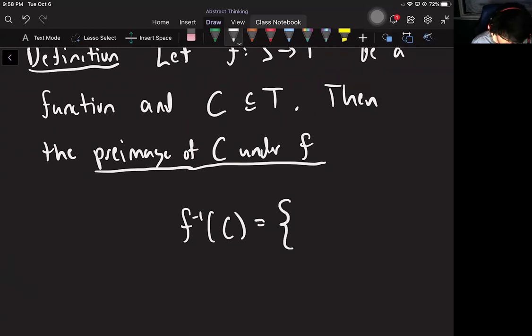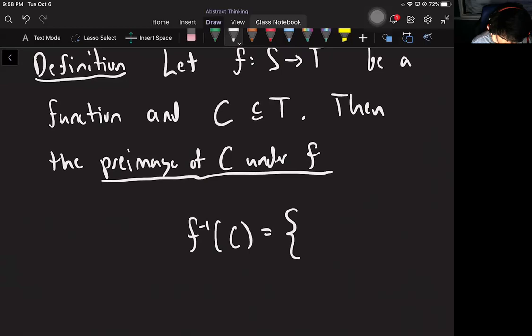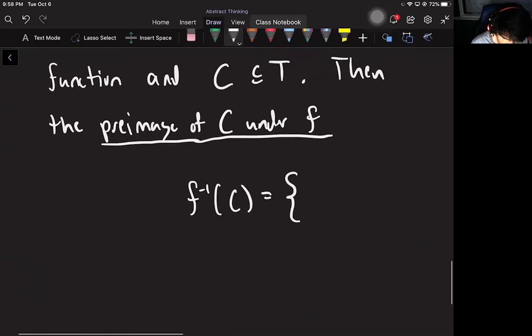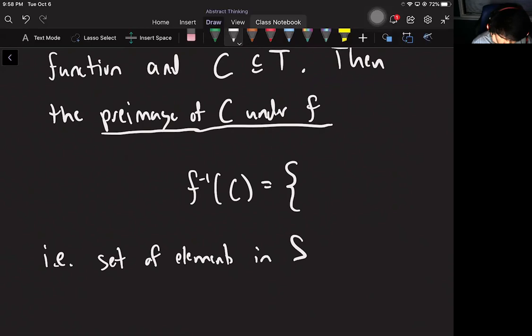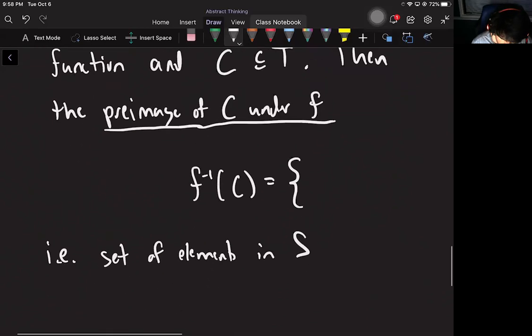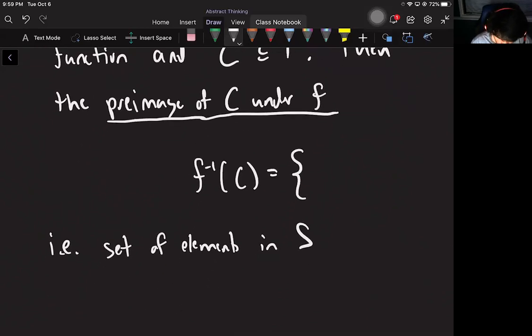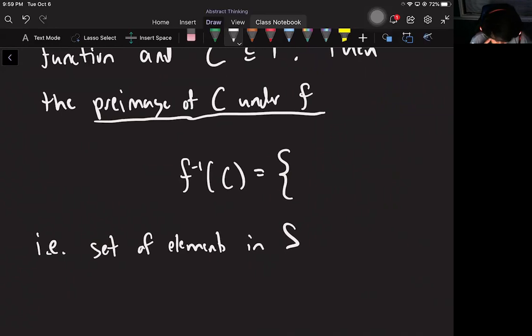So how should we define it? Well, the idea is it's supposed to be all the stuff in the domain that goes to C. So let's write that in words before I try to say it fancily with notation. It's the set of elements in S, because I'm starting with stuff in T and sending them back. I'm seeing what elements got sent to C in the first place. So now I'm living in S. So it's the set of elements in S, but not all of them.